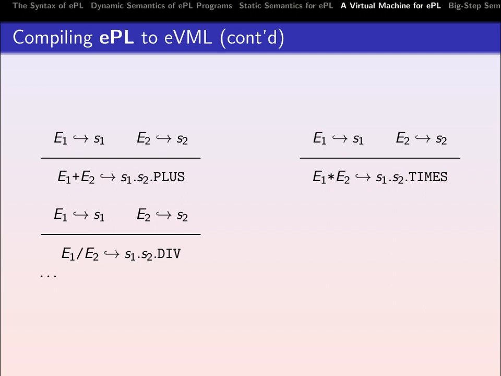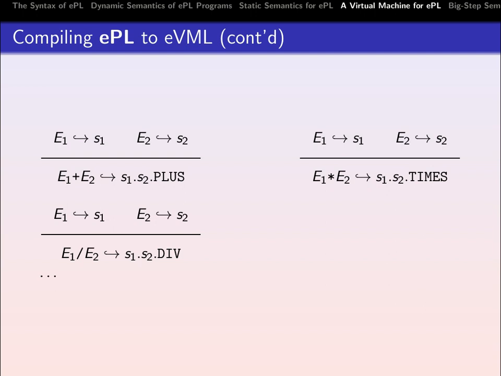If we then follow it by the execution of S2, so we execute from left to right, we execute S1, the result of E1 is at the top of the stack. We execute S2, the result of E2 is at the top of the stack. And what's under it? E1.